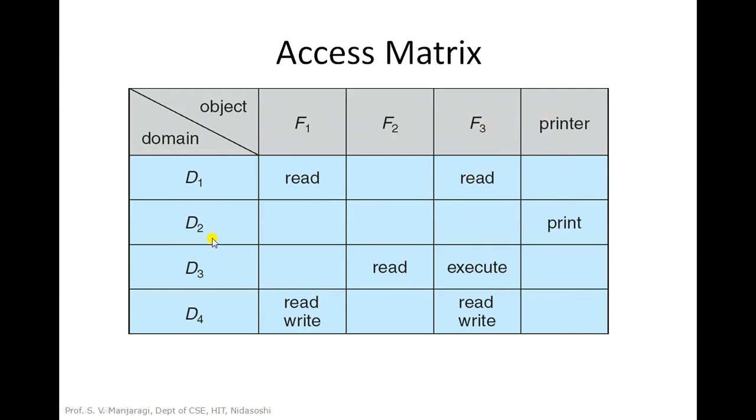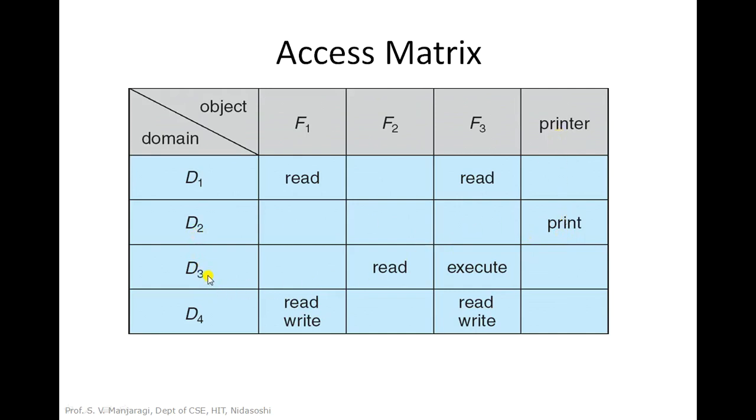Similarly, for domain D2, the processes of domain D2 have print permission on the printer. So the print operation can be performed by the processes of domain D2 on the printer object.